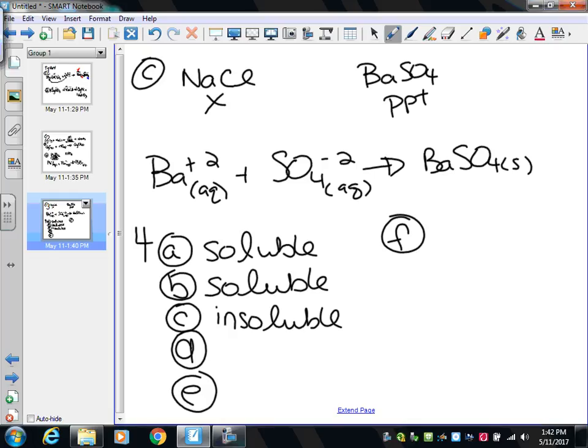Looking at D, PbCl. Okay, so insoluble again. Looking at E, KCl. Soluble. And looking at F, CaBr2.